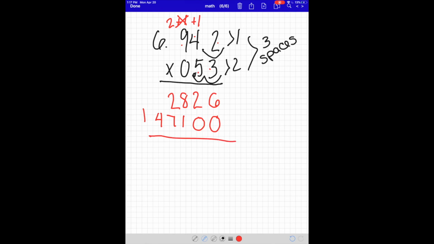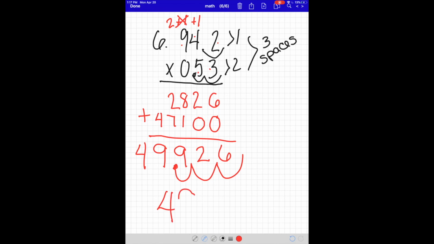Gonna add them together. 6 plus 0 is 6. 2 plus 0 is 2. 8 plus 1 is 9. 2 plus 7 is 9. And 4 plus nothing is 4. Move in our 3 spaces. Our answer is 49.926.